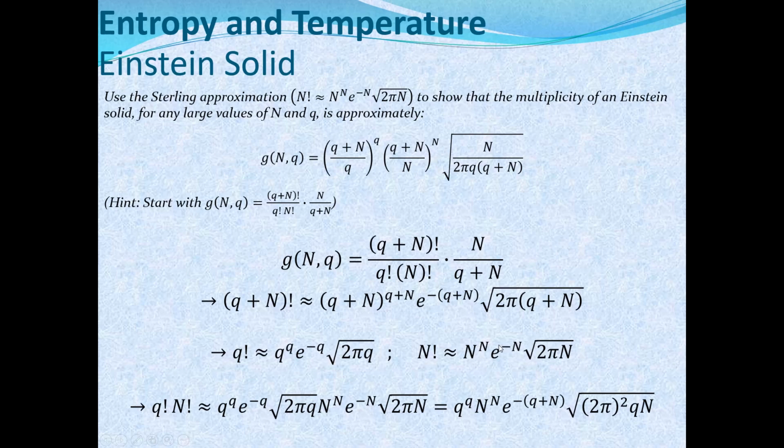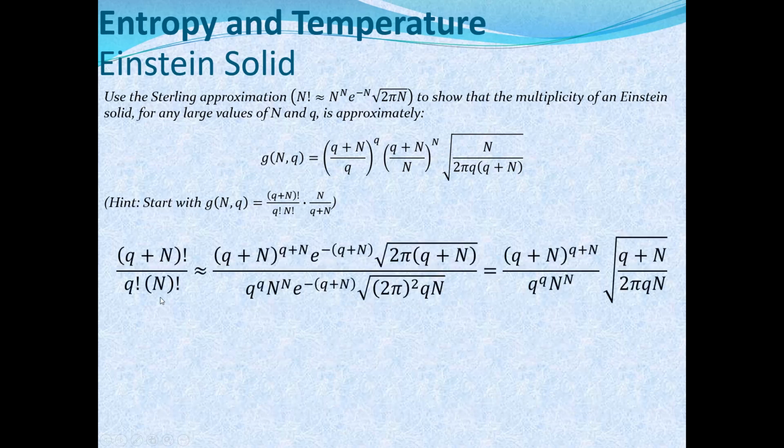What we can do from here, however, is combine some of these terms so that it looks a little bit more like what was given. So if we combine the e's, the natural log e's, and we combine these square root terms, we end up getting this, which does look very similar to what we have in the numerator section.